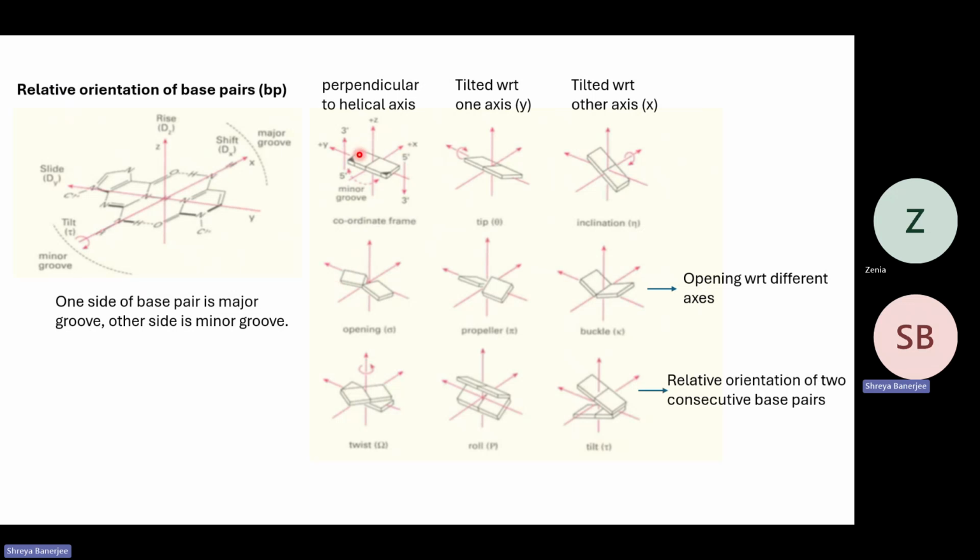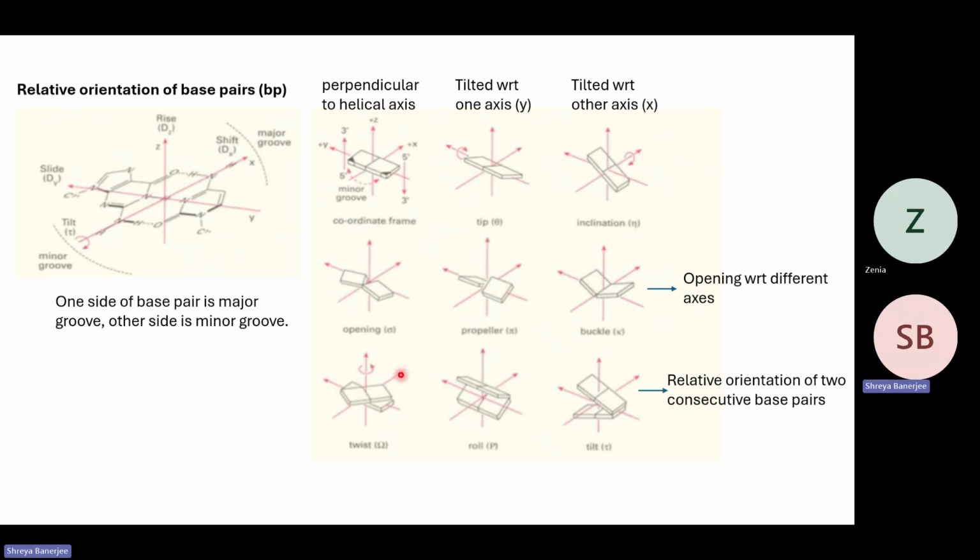Now the base pairs, instead of being perfectly connected like this, there can be a certain opening between them. Or they can be rotated with respect to each other. That will be called the propeller. Or they can be bent with respect to each other. So that is called the buckle. Now, the third column is the relative orientation of two consecutive base pairs.